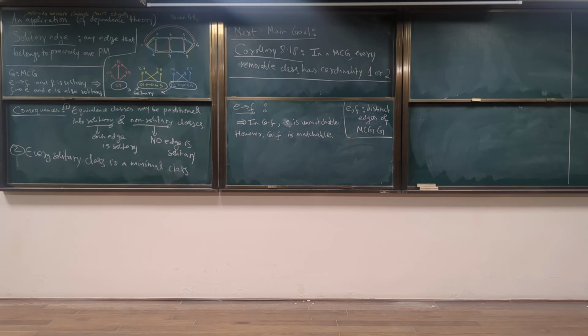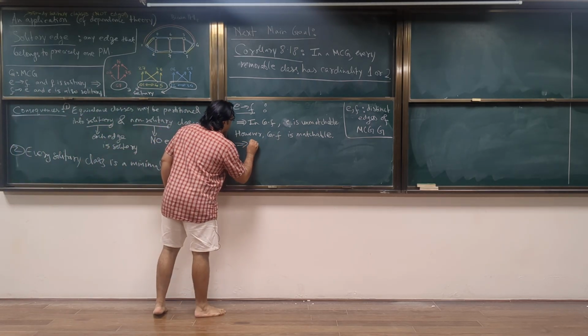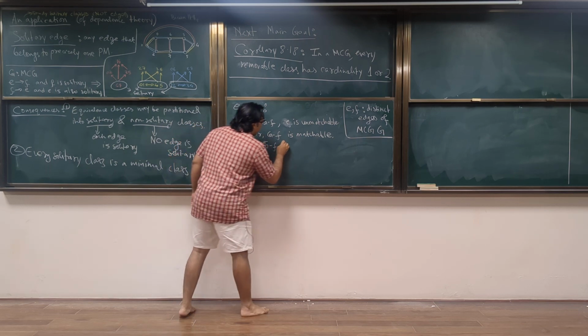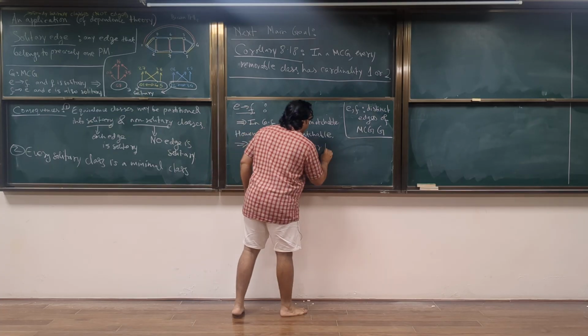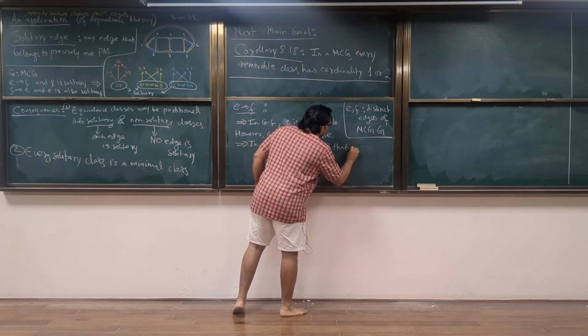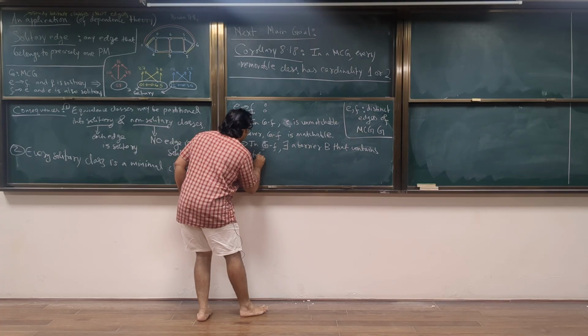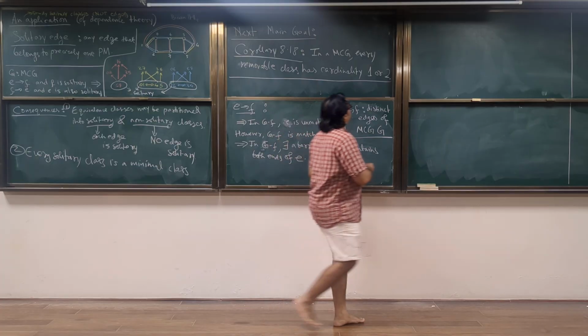Right? So, because the graph is matchable and E is unmatchable, we know that in G minus F, there is a barrier that contains both ends of E. Right? So let's draw this.